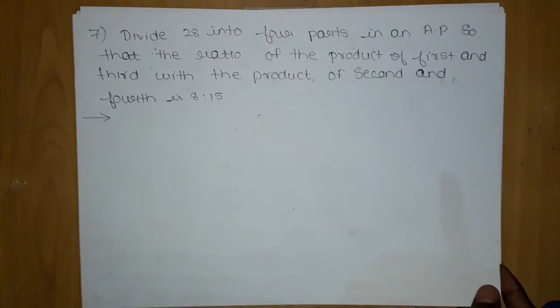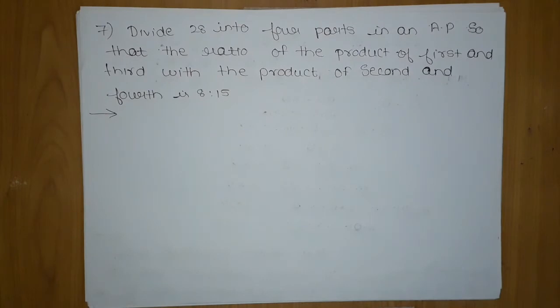So you can differentiate using these things. Now the seventh question. The seventh question is as follows, which says divide 28 into 4 parts in an AP, such that the ratio of the product of the first and the third with the product of the second and the fourth is 8 by 15. We want to divide 28 into 4 parts in an AP.